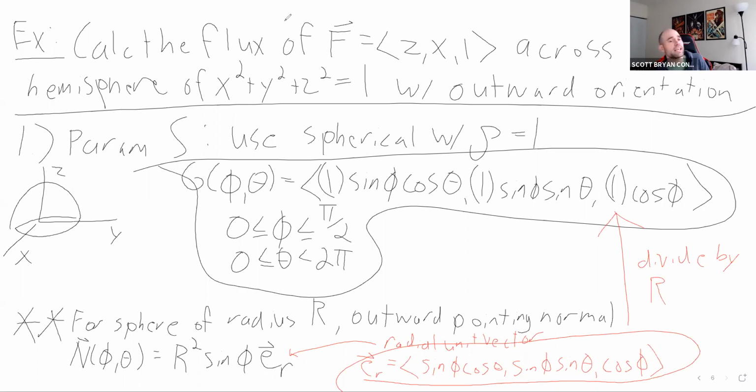So all you're doing is taking your parameterization and dividing by r. That's the radial unit vector. So we're multiplying that by r squared sine phi. And I think that's the easiest way to remember the outward pointing normal. Remember, this is the outward pointing normal.